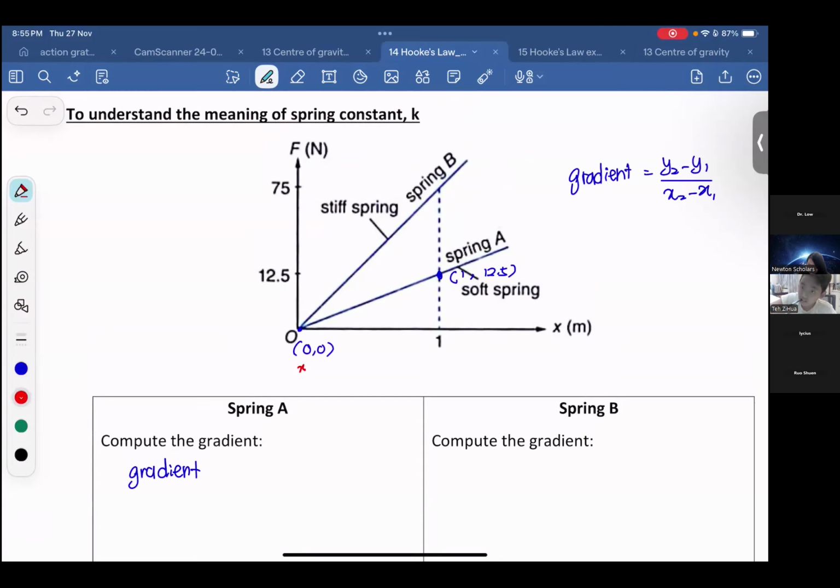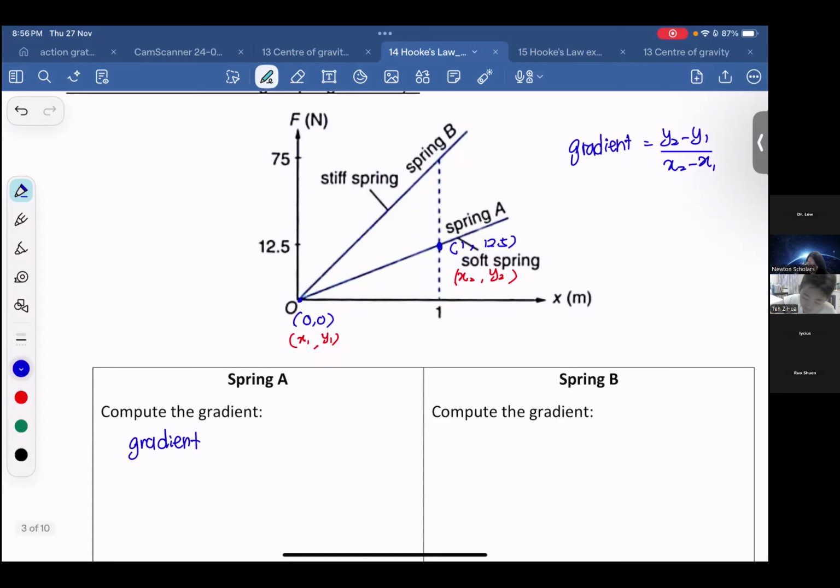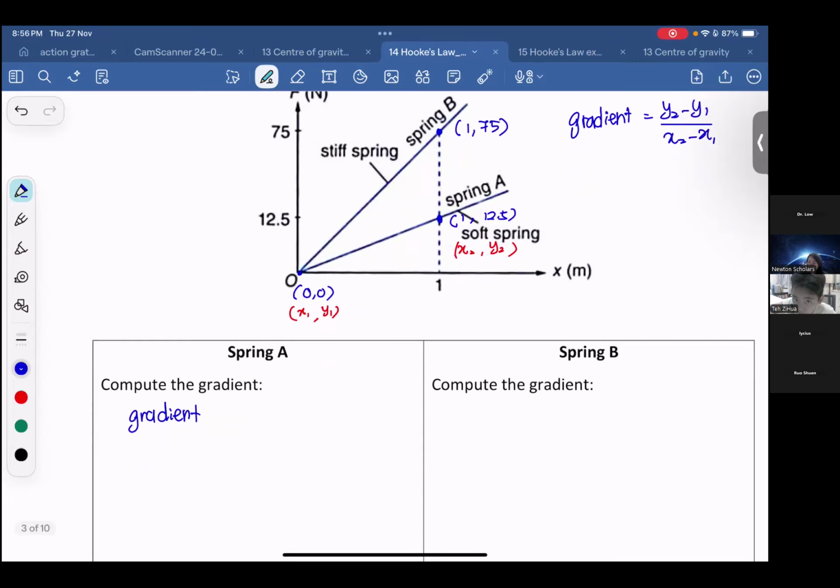This one is x1, y1. Here is x2, y2. Can you calculate the gradient for me using the mathematical way? After you calculate the gradient, can you tell me what is the unit for the gradient that you get?